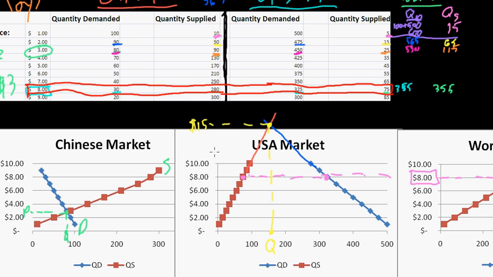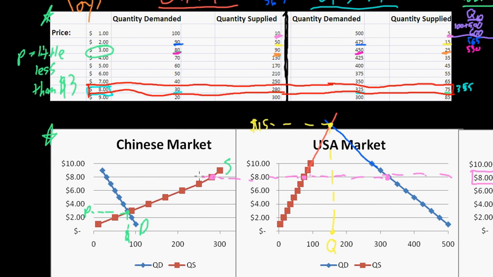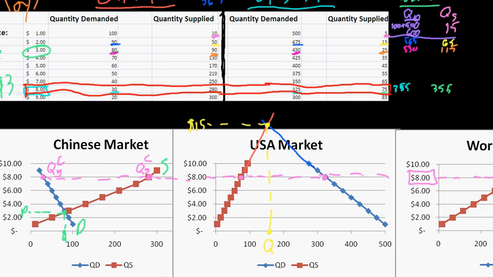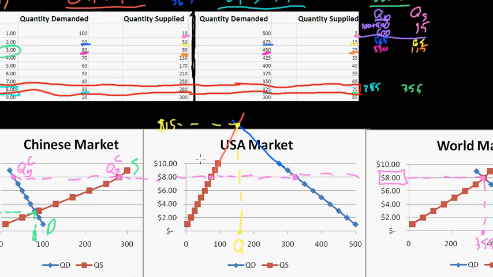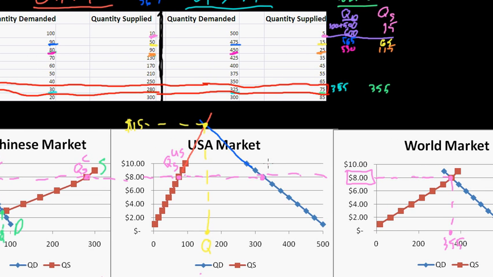And if we go over to the Chinese market, then we get that point there and this point right here. So this is the quantity demanded in China, and I'll put a C up there for China. And then this is the quantity supplied in China. And then over here, we have the quantity supplied in the US, and we have the quantity demanded in the US.